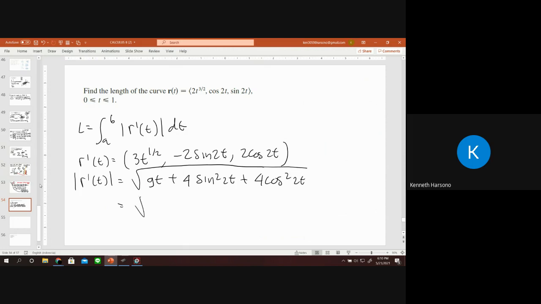Or we can just write it as sin squared plus cos squared. This just becomes 1, right? So, sorry, this one is 9. So this one just becomes the square root of 9 plus 4. Okay.